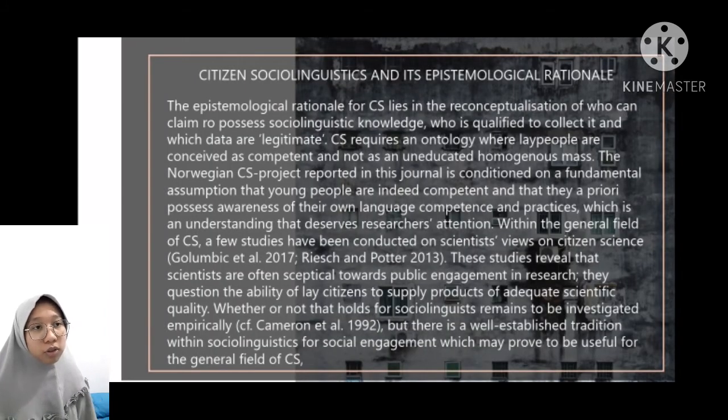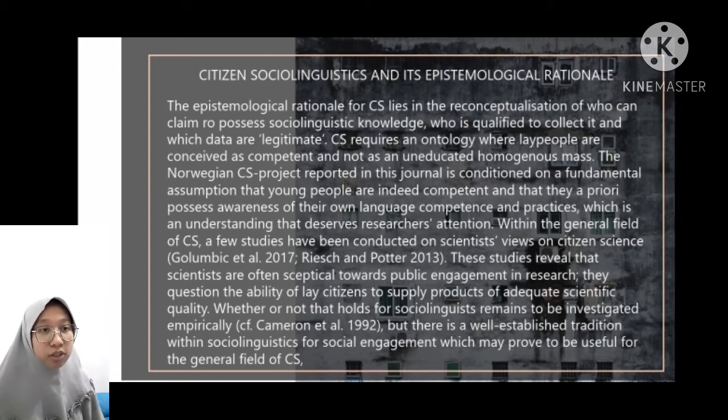So, citizen sociolinguistics and its epistemological rationale. The epistemological rationale of CS lies in the reconceptualization of who can claim to possess sociolinguistic knowledge, who is qualified to collect it, and which data are legitimate. CS requires an ontology where lay people are conceived as competent and not as an uneducated homogeneous mass.